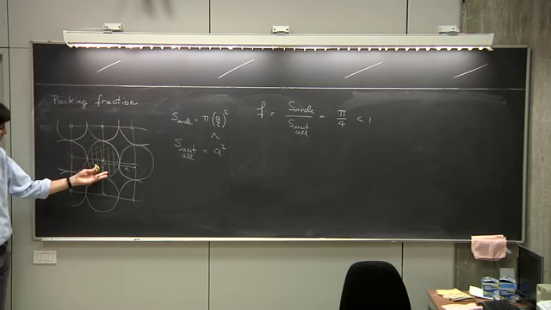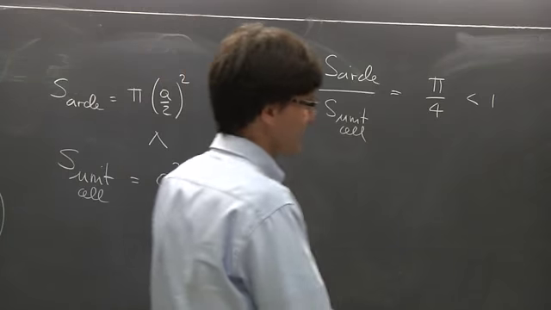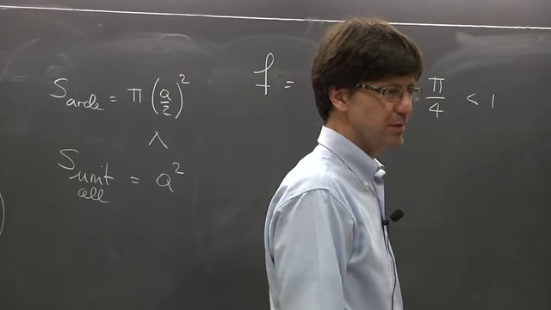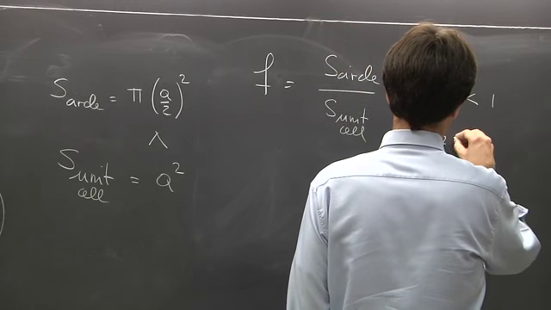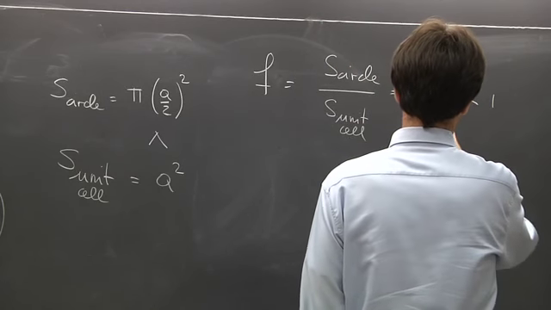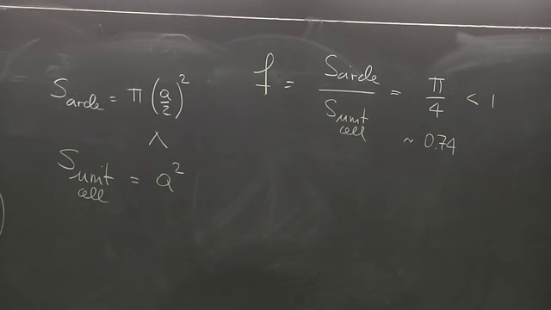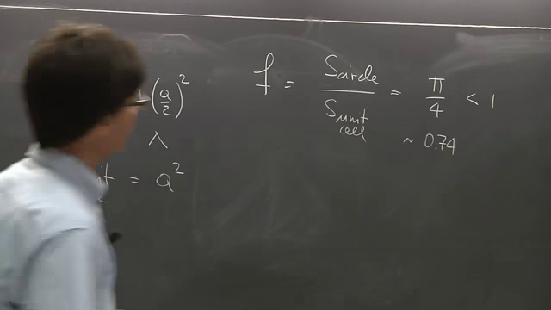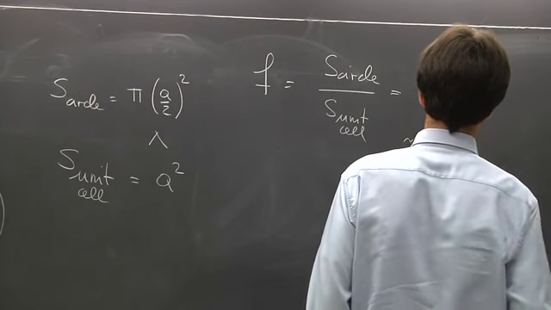We know that these circles are going to occupy most of the space, so it's certainly going to be more than 1/2. In fact, pi over 4 is how much? 0.74 or something like that, right? Roughly. So we're talking about something close to, no, more than that. Sorry, 0.76.